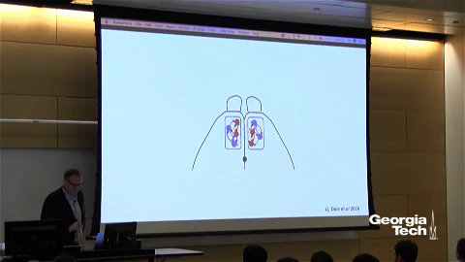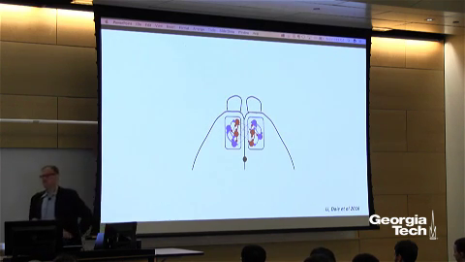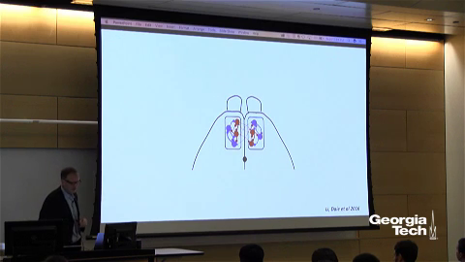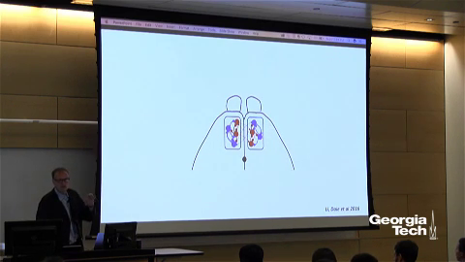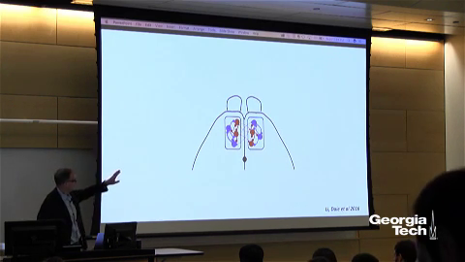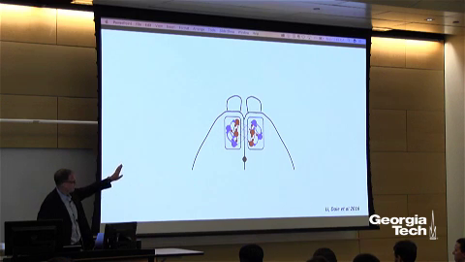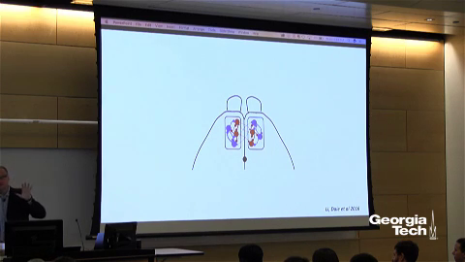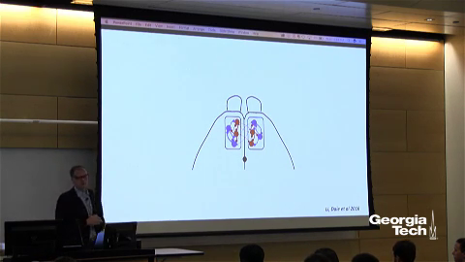So the key principles that underlie robustness of preparatory activity are really redundancy and modularity. Okay, that's perhaps the more important point here. The circuit consists of at least two modules. In this case, a module in the left hemisphere and in the right hemisphere. These are coupled so that when one module is perturbed, the other module helps the perturbed module recover.